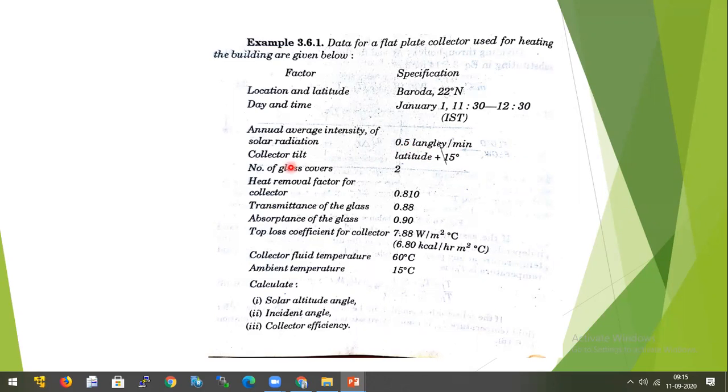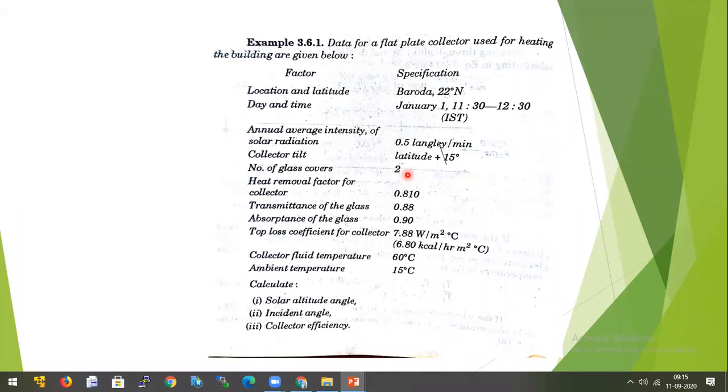Next, collector tilt is latitude plus 15 degrees. It is used for calculation of slopes. And the number of glass covers is 2, which is useful for calculation of rho d.